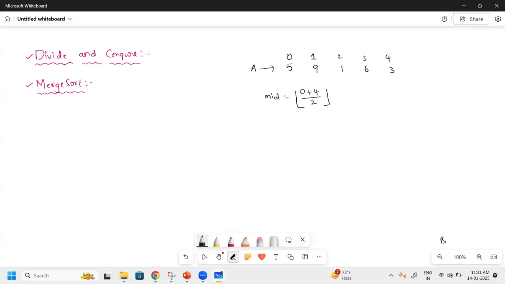Why the floor value? Because it won't always return an exact integer value. We may get 3.5 or 2.5, so instead of that, we go for the floor value. 0 plus 4 by 2 is equal to 4 by 2, whose value is 2.